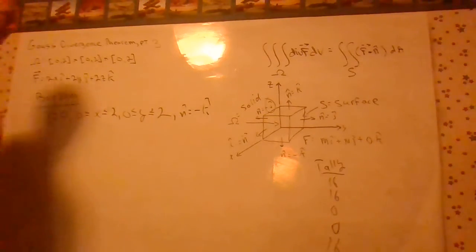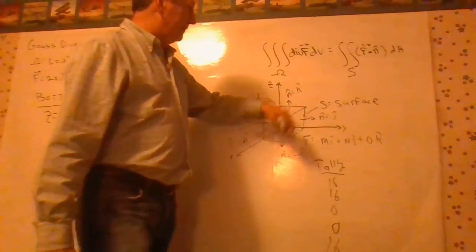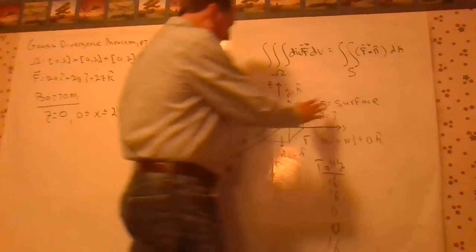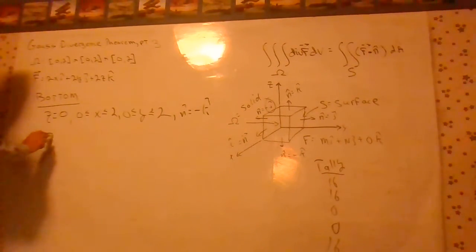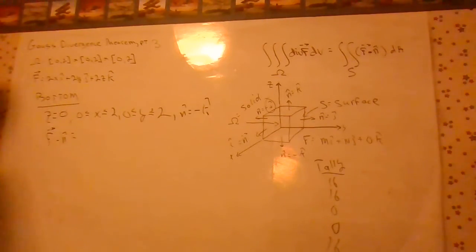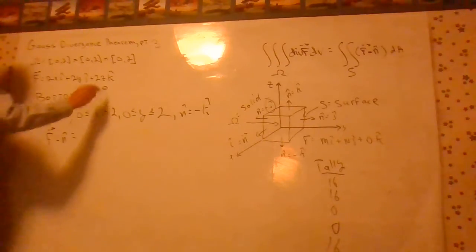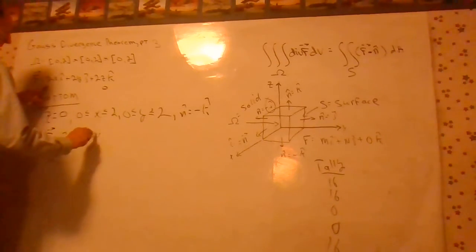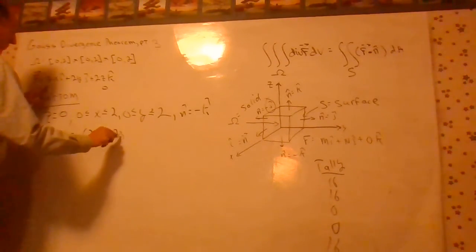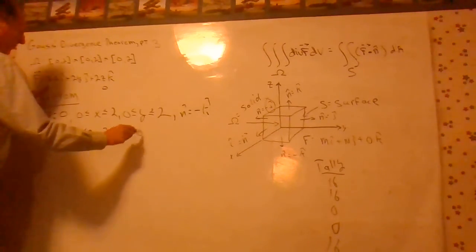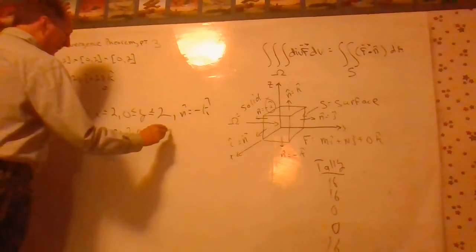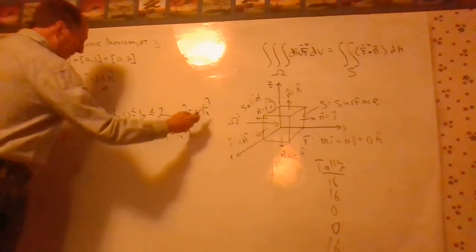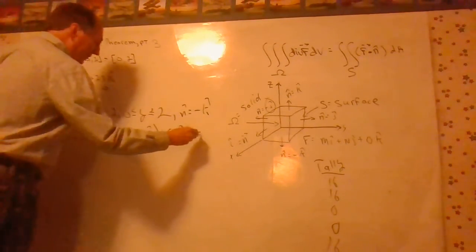And it's an outward normal, by the way. This is an outward normal, points outward, outside the surface. F dot n is equal to, z is 0, we're going to put a 0 right here. 2xi plus 2yj plus 0k dotted on negative k. Guess what? That's 0.